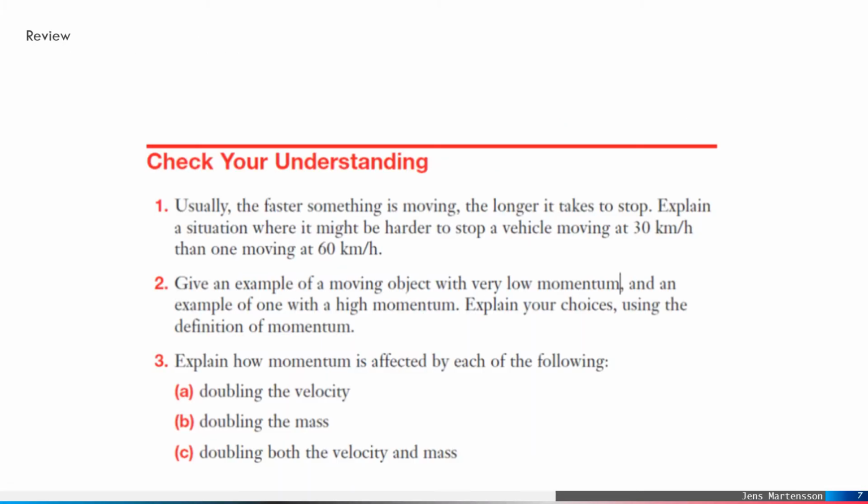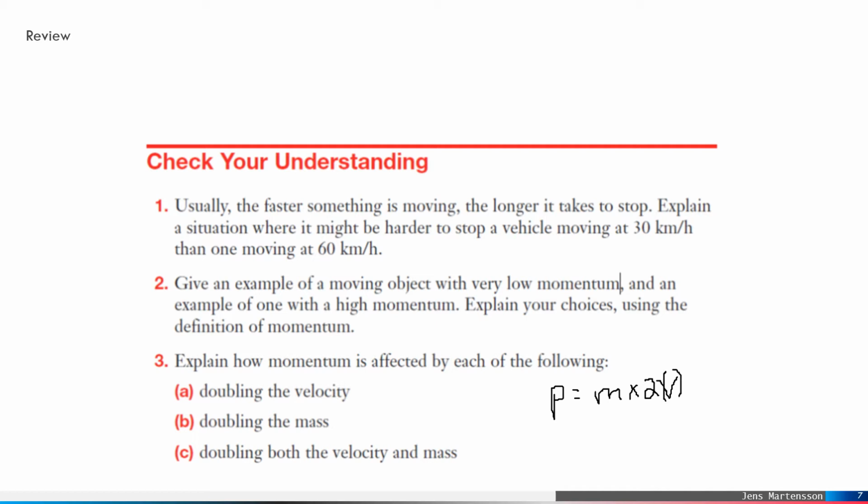Pause here again and practice these review questions. I really want to bring your attention to number 3 and think about what each of these questions means. If it helps, assign values to mass and velocity. For the first one, if we have P is equal to mass times velocity, what happens if I put a 2 in front and double it?